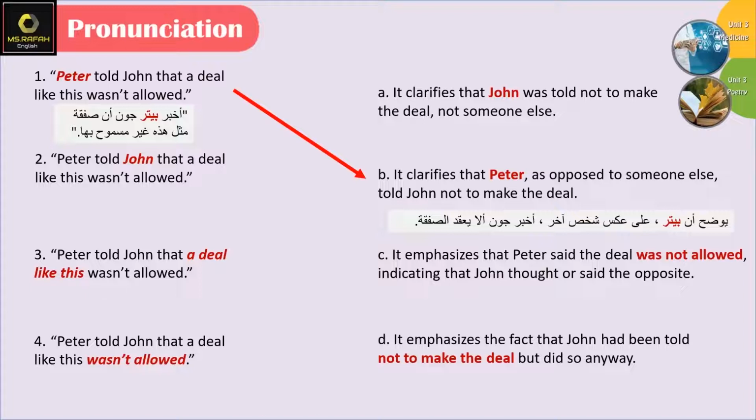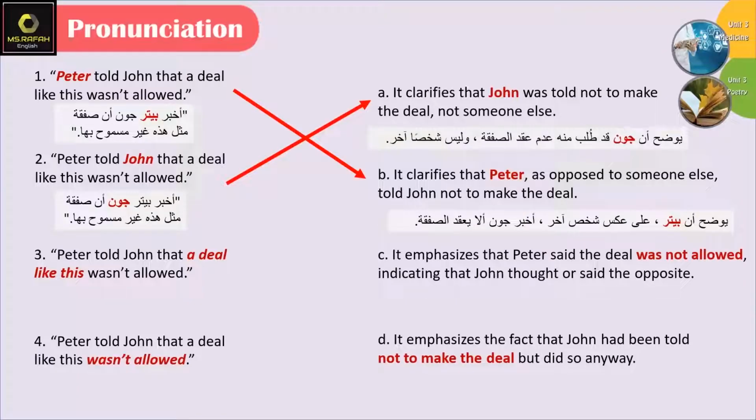Number 2. Peter told John that a deal like this wasn't allowed. A. It clarifies that John was told not to make the deal, not someone else. Three.